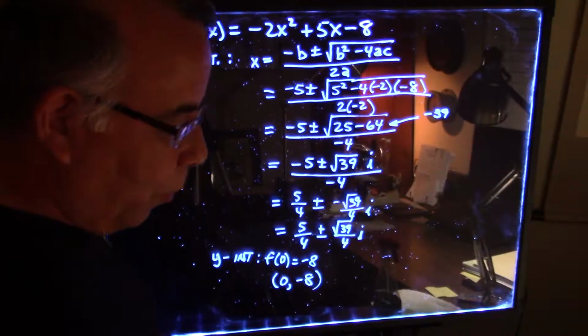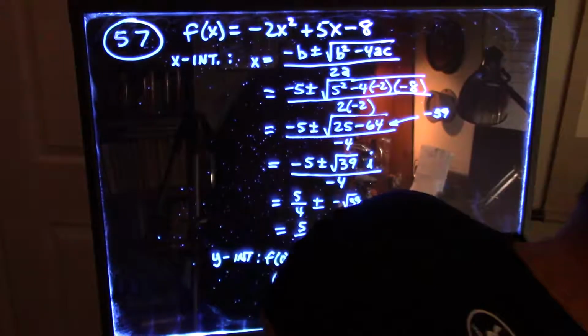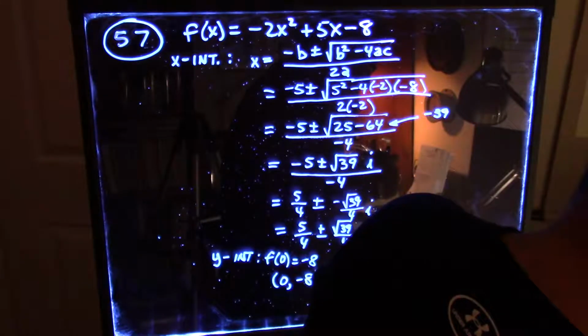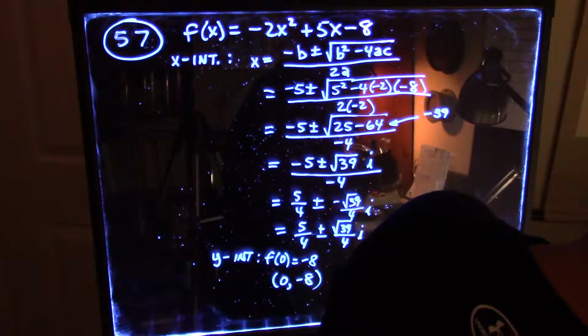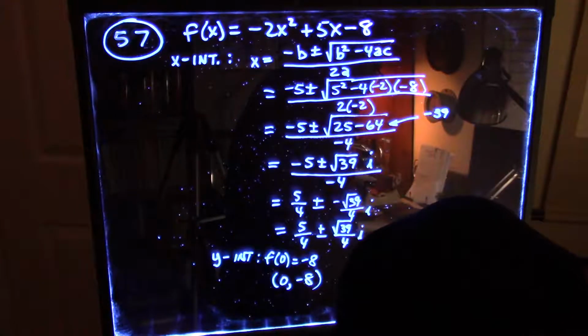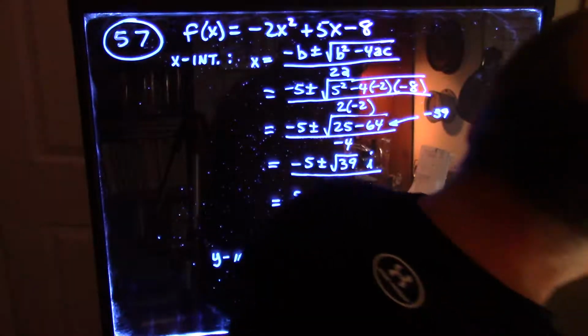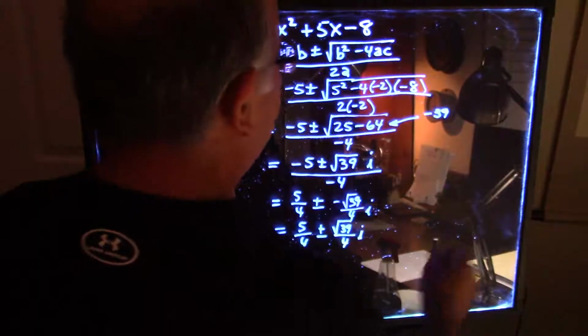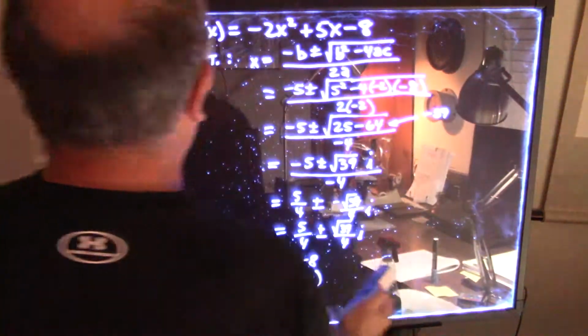Alright, so for the vertex, we'll complete the square. Or you could use negative b over 2a and f of negative b over 2a to get the vertex, but I'm going to complete the square, so for that I need some space. So let me erase.